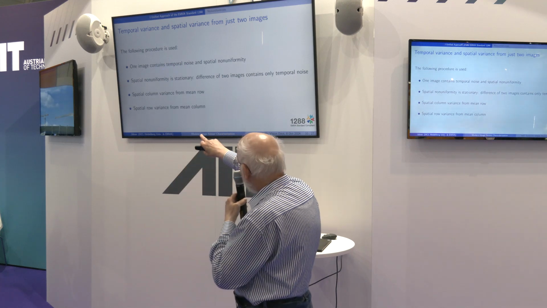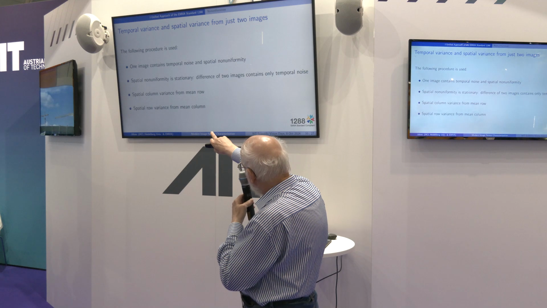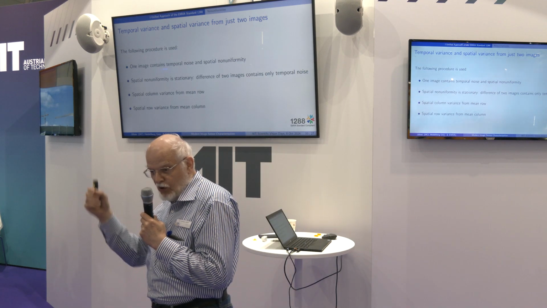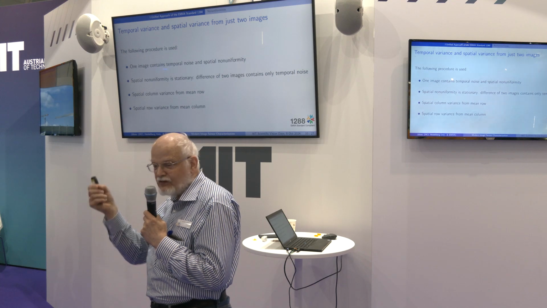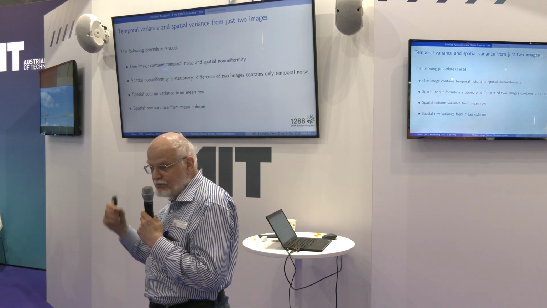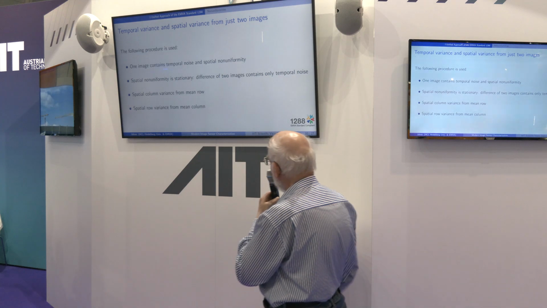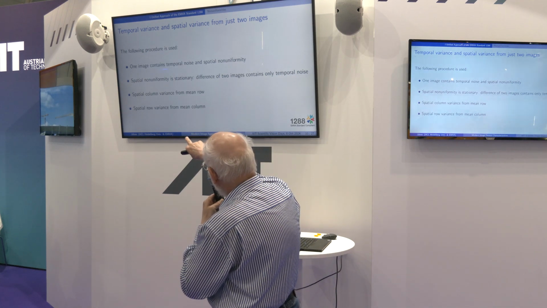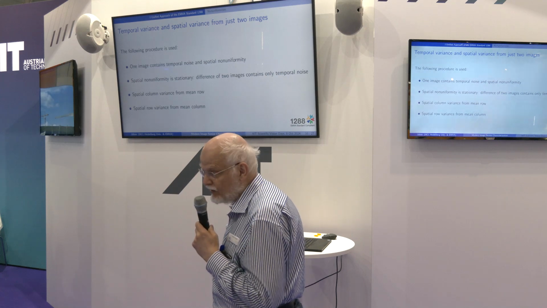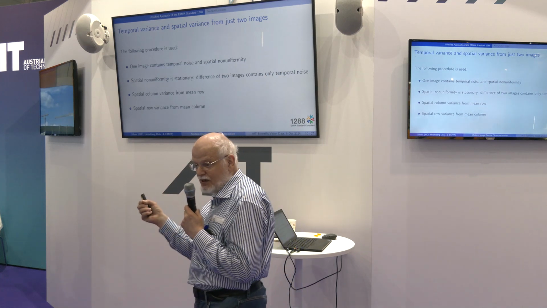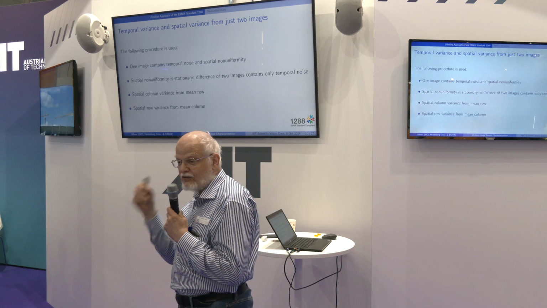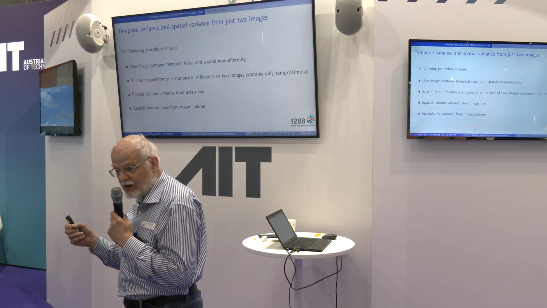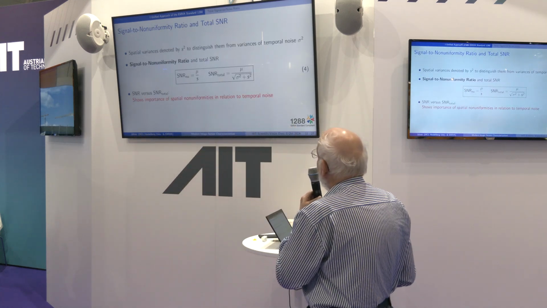We can compute a mean column, and then we get only the row variation, because the column variation and the pixel to pixel variation are then basically eliminated, and from the mean column we can calculate the spatial row variance. So we can always distinguish non-uniformities, pixel variations, column variations, and row variations, which are very important for the non-uniformity.